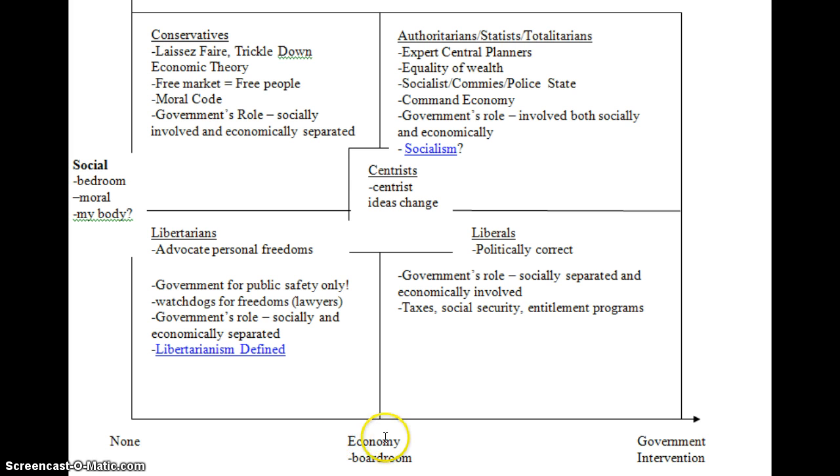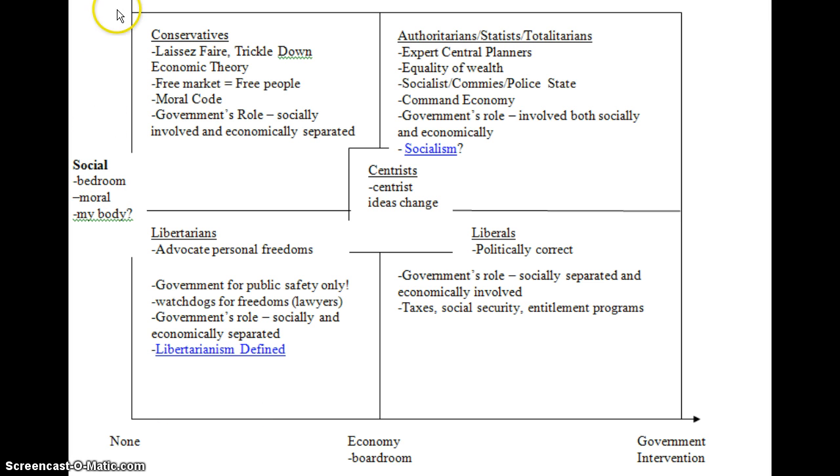So basically, the further away you move from this point, right down here, either this way, upwards, or that way, you would advocate for more government regulation. That government's role is very much intertwined with that particular issue.